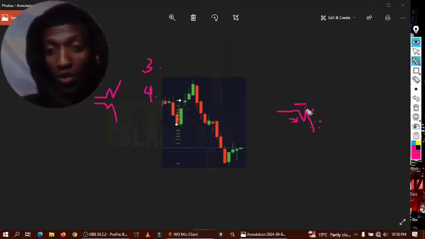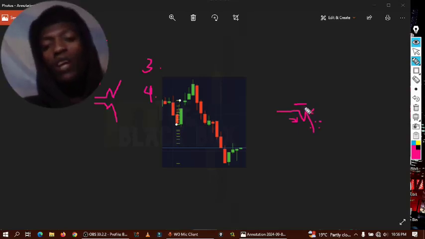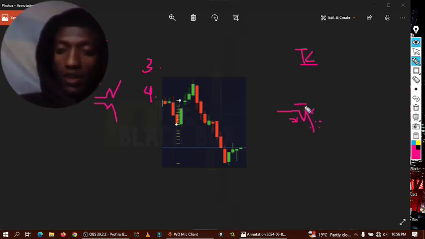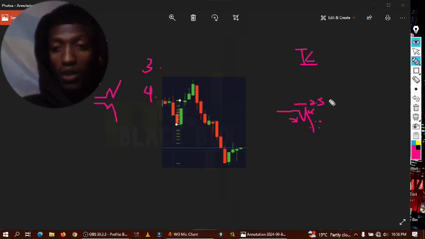Even though they bring it up and break the high of the consolidation of the black box, they cannot break that 5%. They won't. If we are on the 2 candles black box, if this thing is happening on the 2 candles black box, these people, the sharks, will not bring it more than the 2.5% halfway.